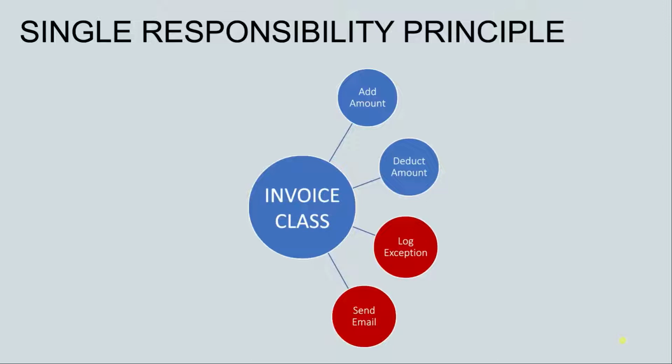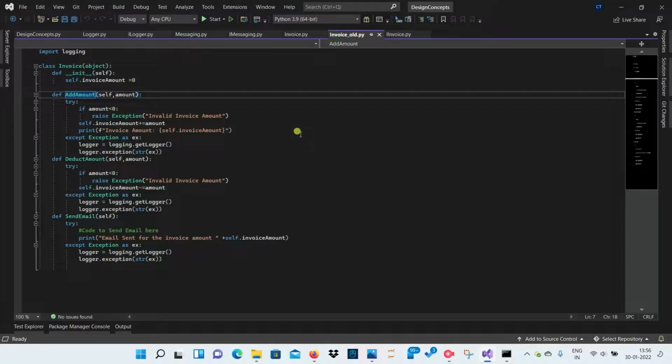So every time you want to implement it, either you need to copy the same logic to the other classes, or you have to make changes to the code in all the classes, which will be a tedious process. So let's see how we can resolve this with the single responsibility principle.